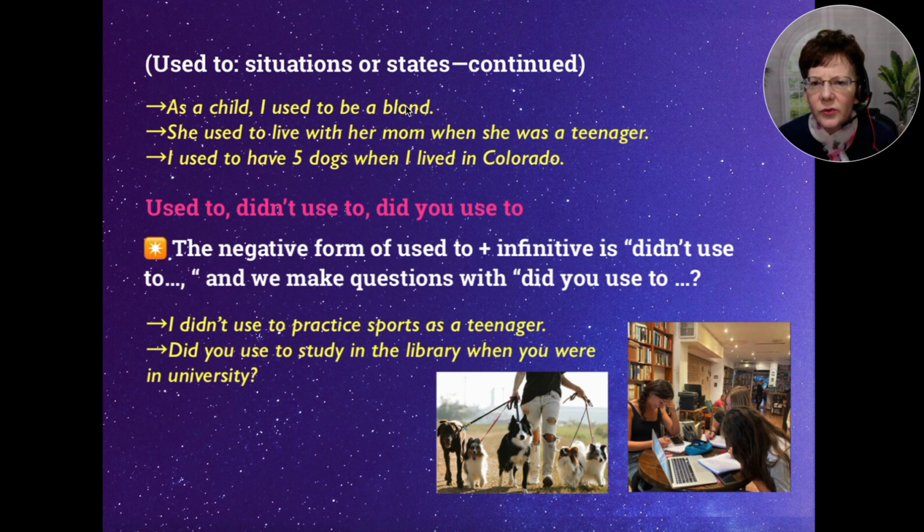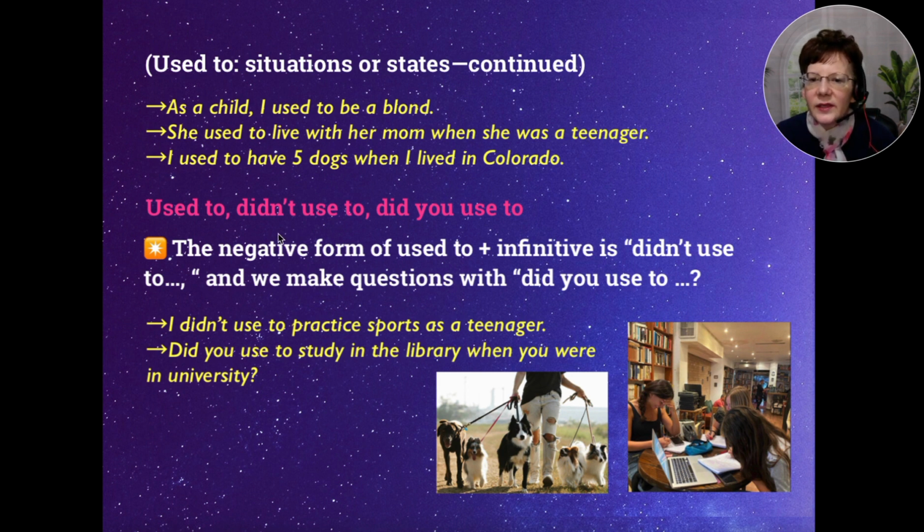It's no longer true. Now my hair is probably darker. Then we have, she used to live with her mom when she was a teenager. This is a past situation. Then I have, I used to have 5 dogs when I lived in Colorado. So the situation is only true for back when I lived in Colorado.